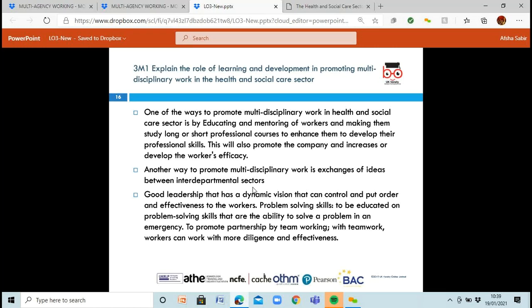You either study long courses or professional courses, and all of this is just to develop your own professional skills. The best way this is done within different services and departments is by shadowing somebody or working with them, seeing what other people are actually doing.